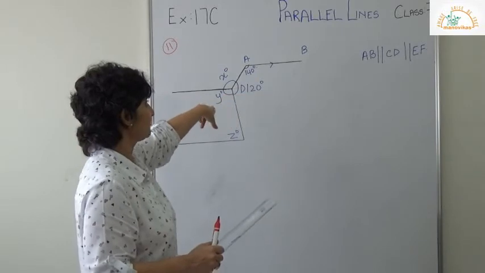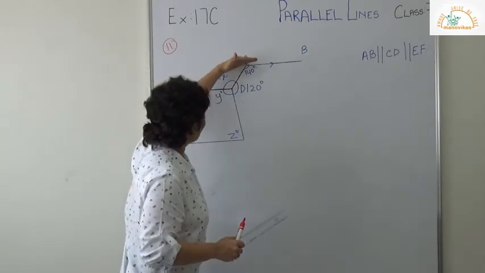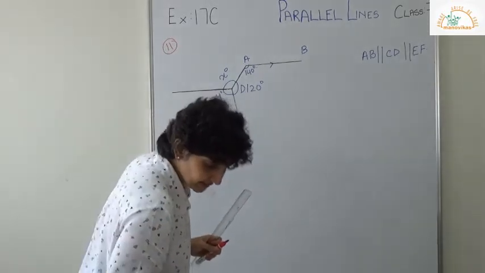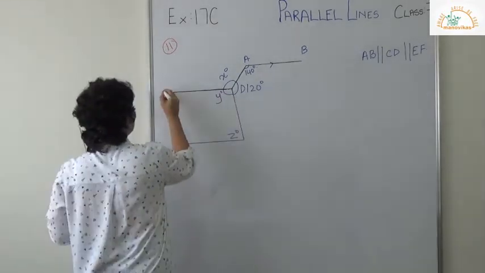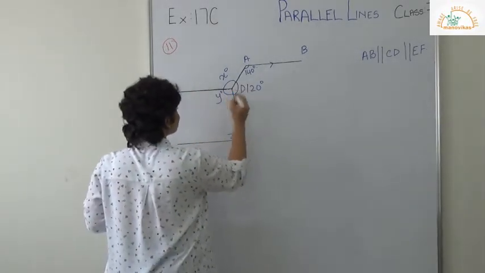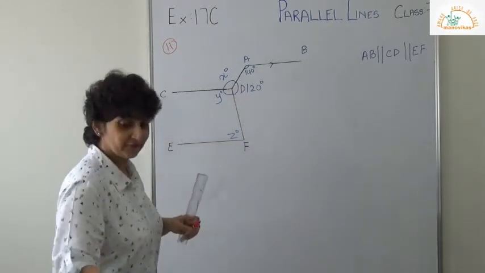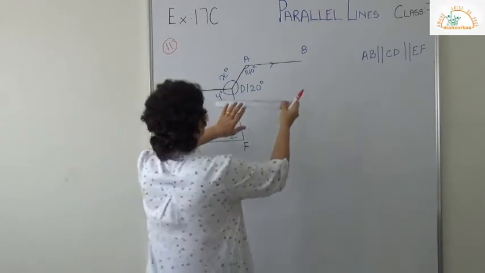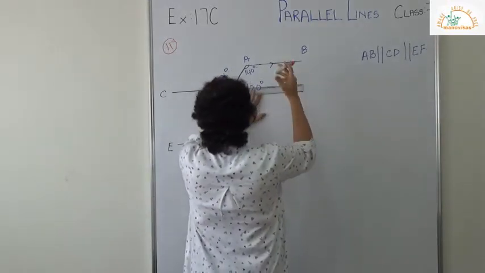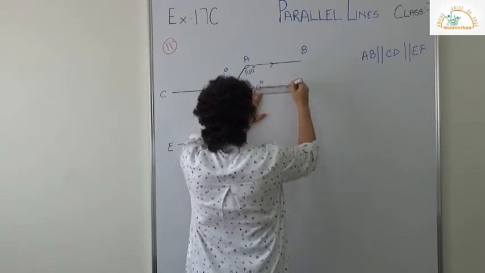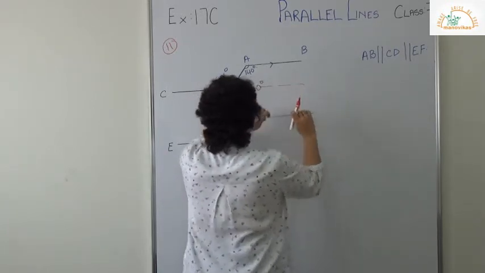Now when you look at this figure, they have told you that AB is parallel to CD, isn't it? And AB is parallel to CD, which is also parallel to EF. Now when I say parallel, children, that means this line I can extend, right? This line can be extended.